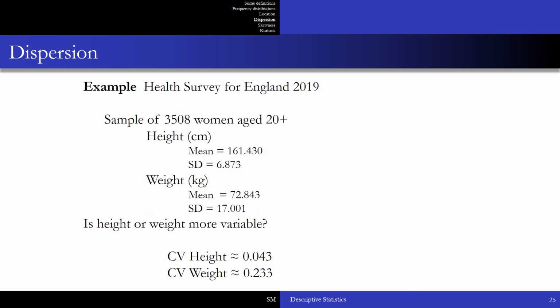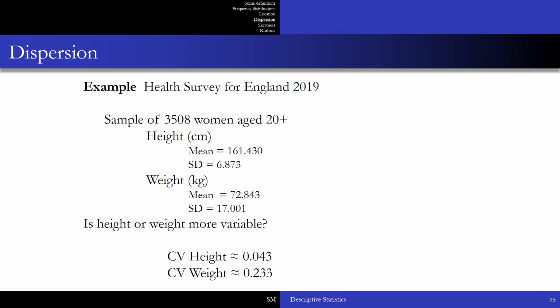One practical use of the coefficient of variation is to compare variables which are measured in different units. Here's an example from the Health Survey for England 2019. We have a sample of 3,508 women aged 20 or over. And we want to ask ourselves, is their height or is their weight more variable?